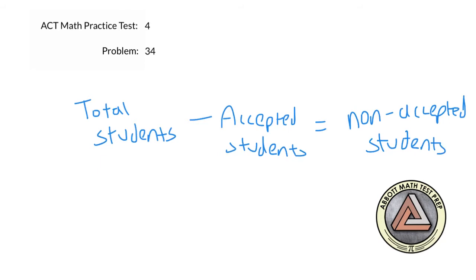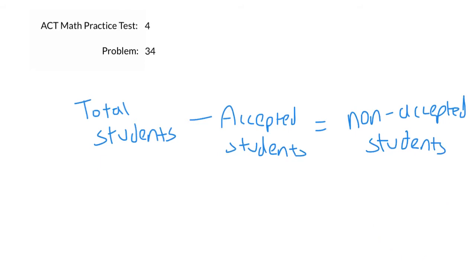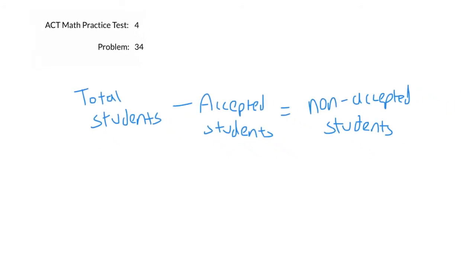Well, we already have the amount of accepted students. So what I'm going to do is replace this with a T just to save time. And it's going to be T minus the amount of accepted students.